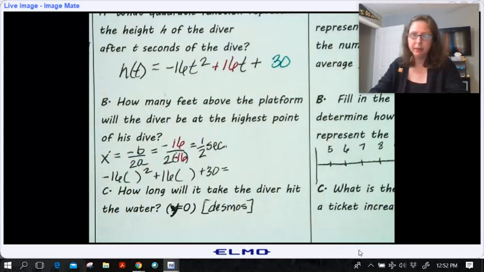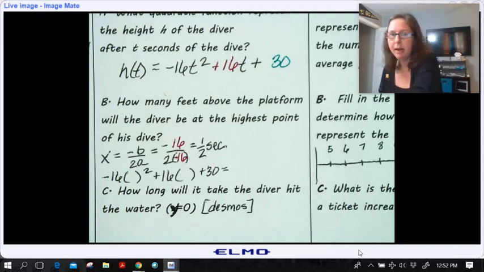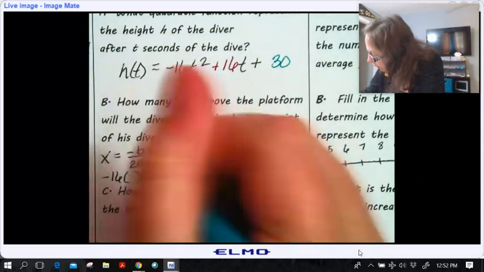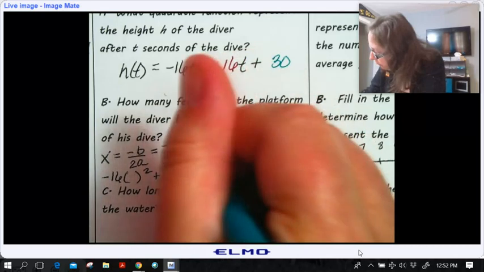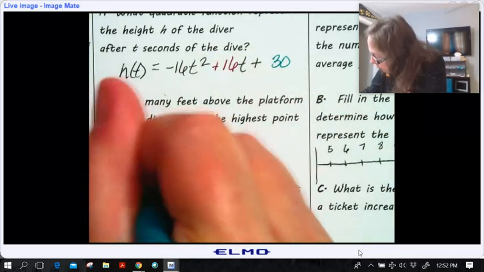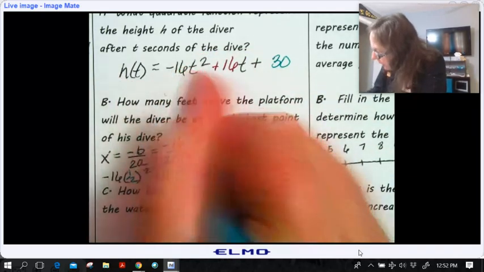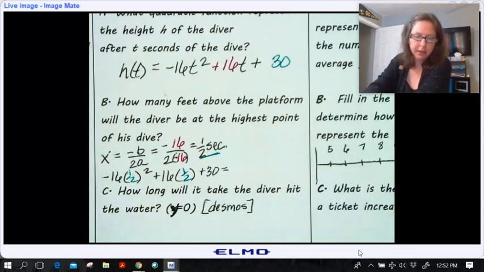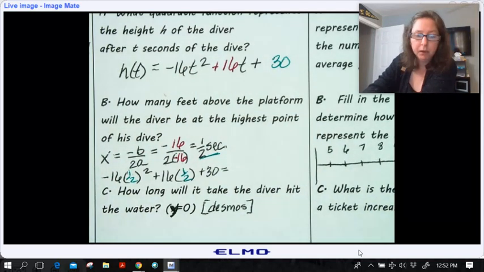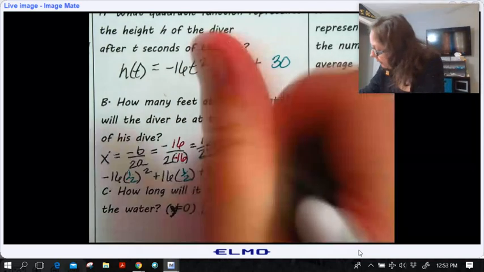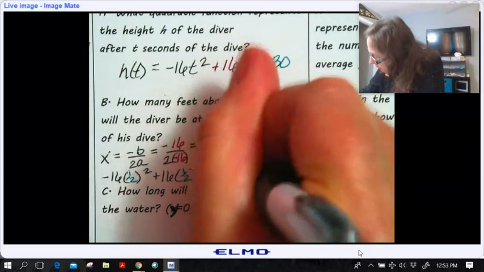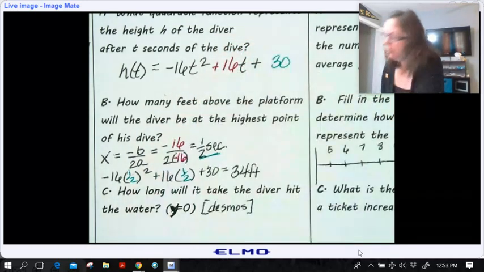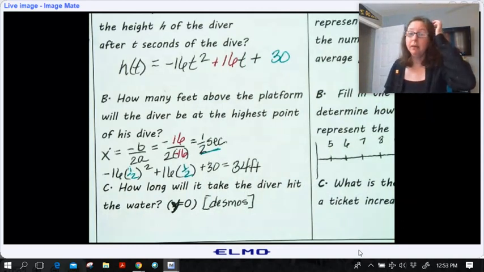And I'm going to go ahead and plug in the 1/2 everywhere. So 1/2, 1/2. And if I go ahead and simplify this in my calculator, I'm going to get 34 feet. His maximum height was 34 feet.